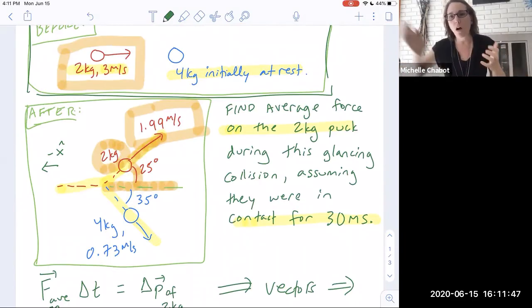So it lost some of its x momentum. It has a negative force in that direction. And then in the y direction, we imagine that it might actually gain some because it had no y momentum to begin with, and then it got some. So it got a positive force in the positive y direction.